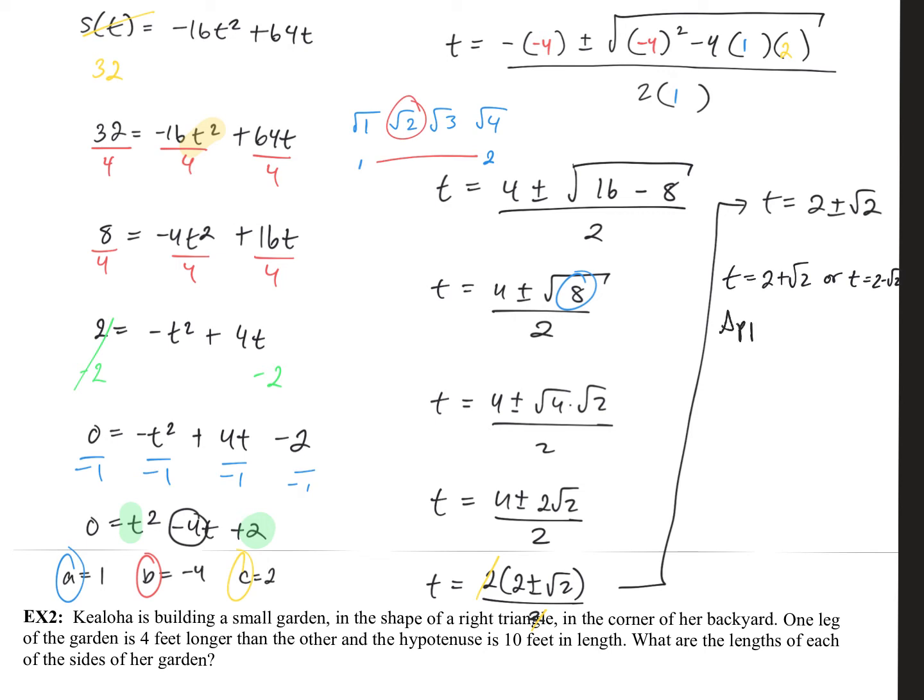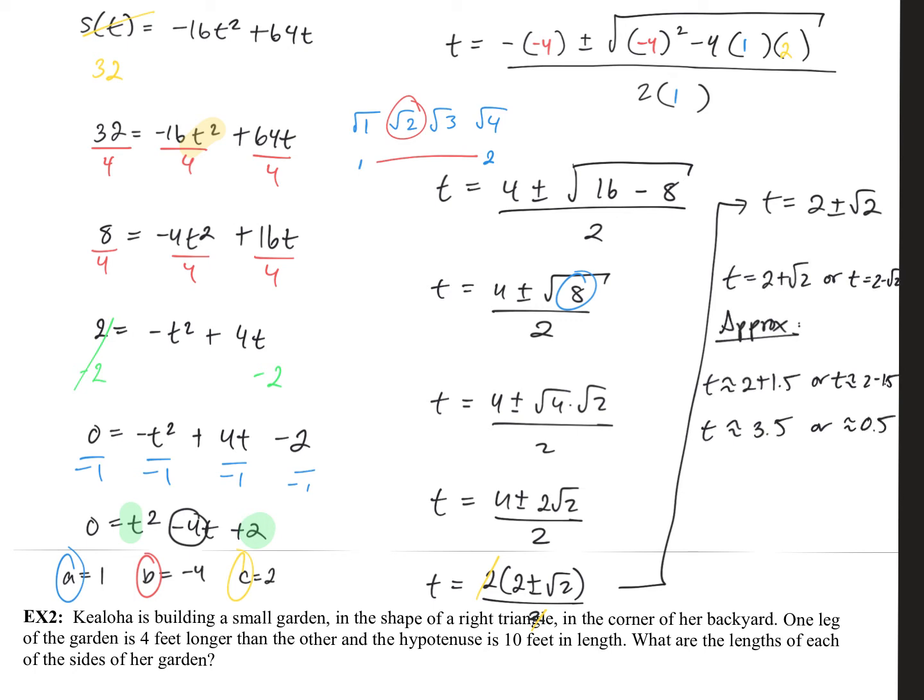I'm going to write down that I'm approximating. Definitely do that if you're working with math. t is approximately 2 plus 1.5, or t is approximately 2 minus 1.5, which means that t is approximately 3.5, or approximately 0.5.